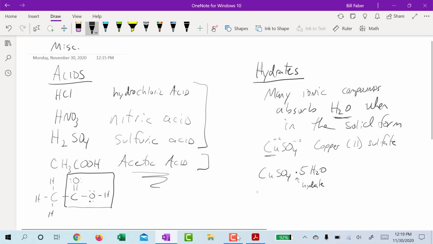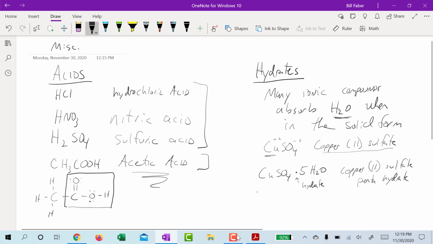And so when you name it and calculate the molar mass, the name of this is copper 2 sulfate, and then penta, because of 5, use your Greek prefixes, pentahydrate. Now, these two things would have different molar masses because you just take copper, 1 sulfur, and 4 oxygens for copper 2 sulfate.